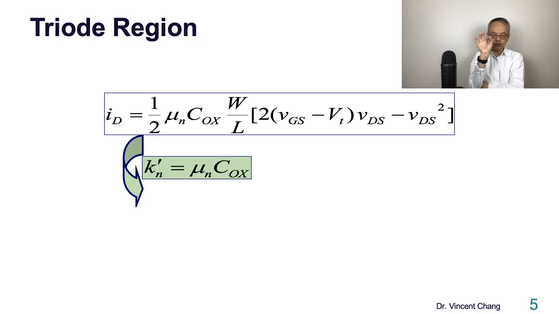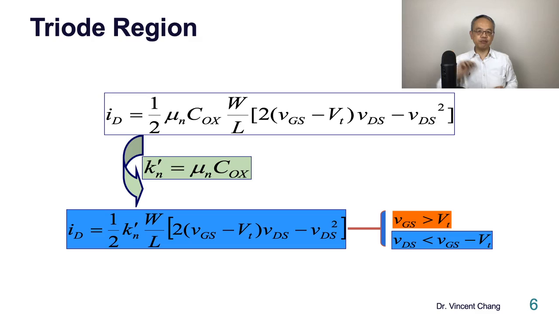Let's simplify the equation and use this symbol in the future, Kn prime. Kn prime is defined by the product of electron mobility and the gate oxide capacitance.